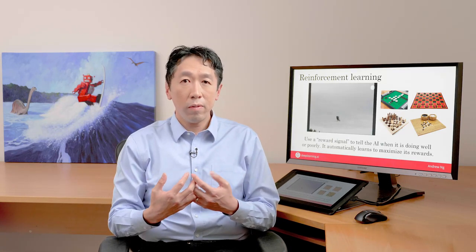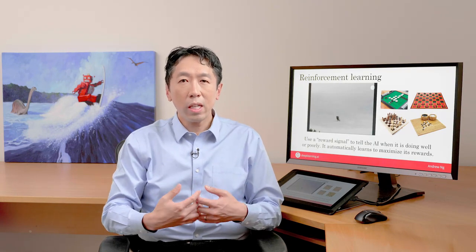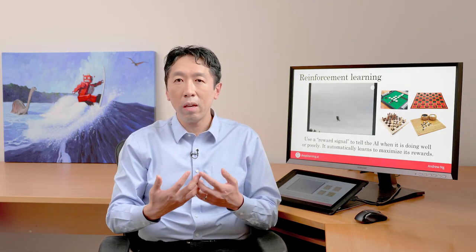One of the weaknesses of reinforcement learning algorithms is that they can require a huge amount of data. So if you are playing a video game, a reinforcement learning algorithm can play essentially an infinite number of video games because it's just a computer playing a computer game, and get a huge amount of data to learn how to behave better. Or for playing games like checkers or other games, it can play a lot of games against itself and for free get a huge amount of data to feed into the reinforcement learning algorithm.